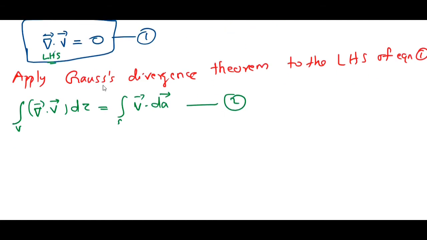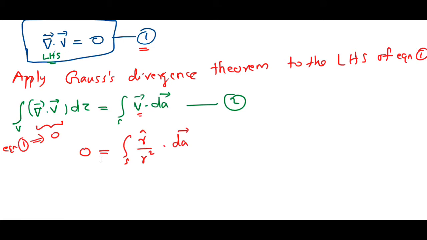Now we have already seen that del dot v is equal to 0, from equation 1. So the LHS of equation 2 is 0, and on the RHS, instead of v we substitute r cap by r square dot dA.